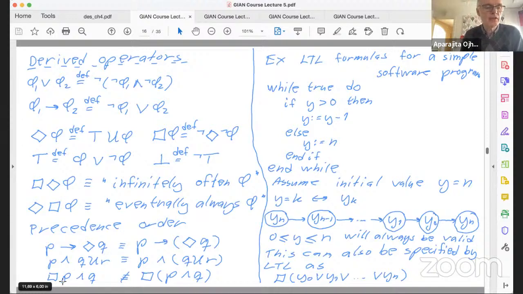And in this case, square P and Q does not mean square of P and Q. The modality only works on the single element P. To get it to work on both, you have to put parentheses around.